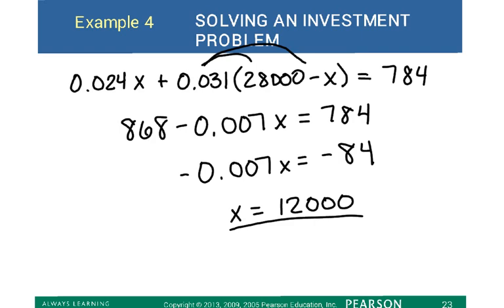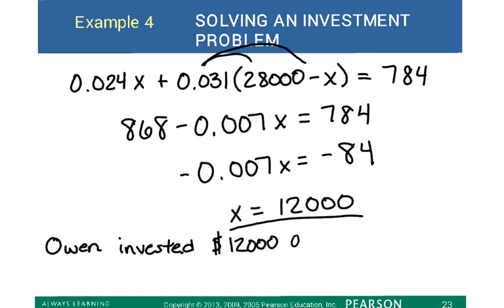So what we're going to say, I'm going to write it out in sentence form here. Sorry about the bell again. Owen invested $12,000 at our 2.4%, and then to come up with the other amount he invested at the 3.1%, we just need to subtract the 28,000 and then 12,000.